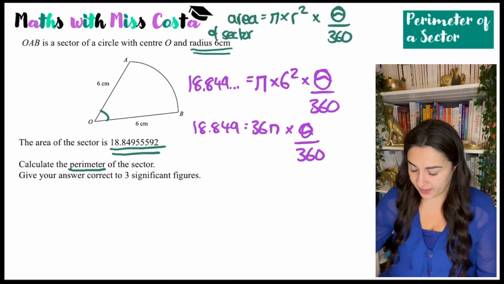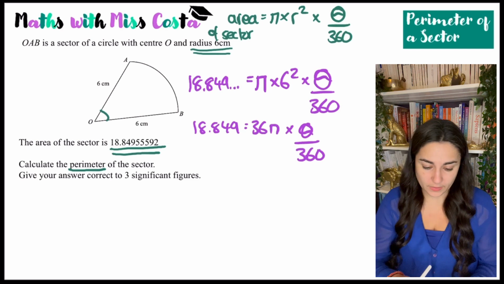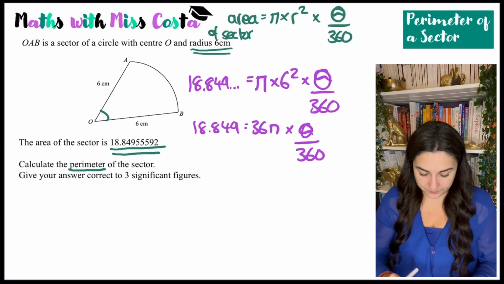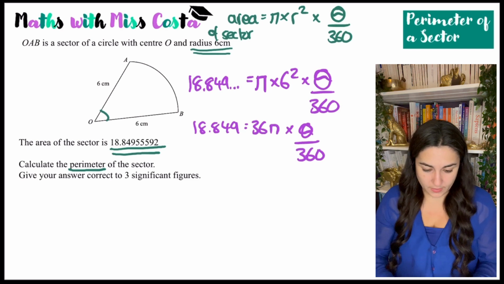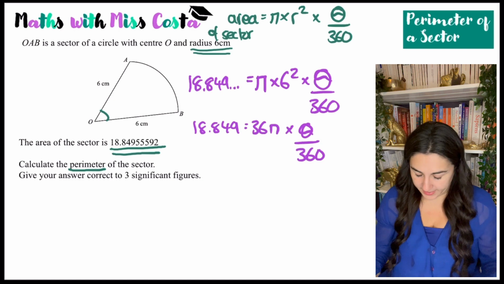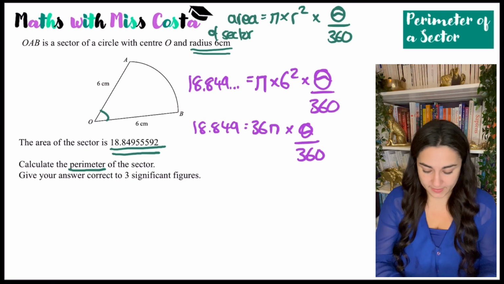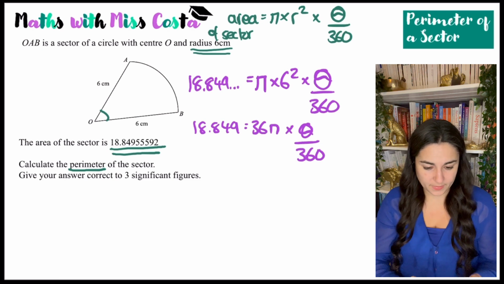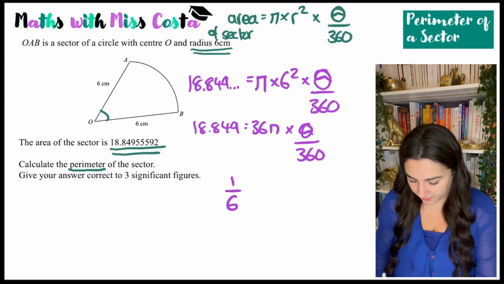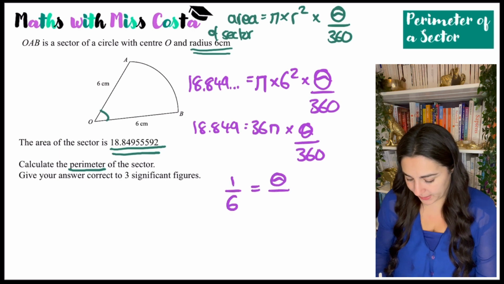So I can divide the area by 36 pi. So 18.849, type all of it into your calculator, divided by 36 pi gives me a sixth. Okay, so a sixth must be equal to theta over 360.